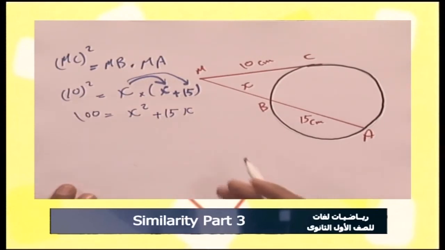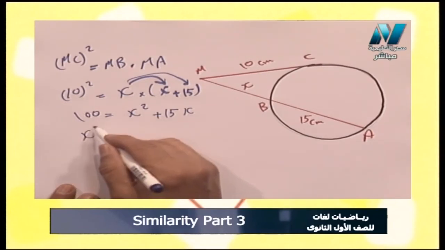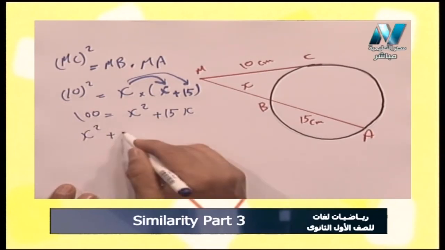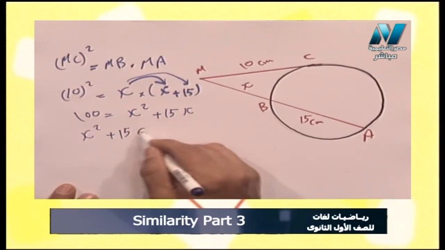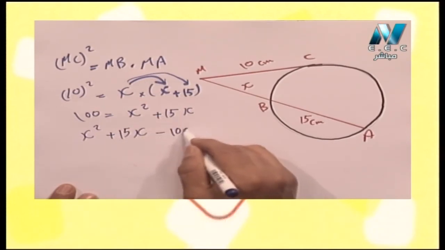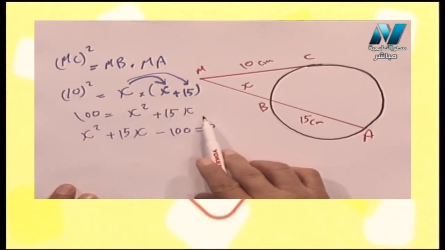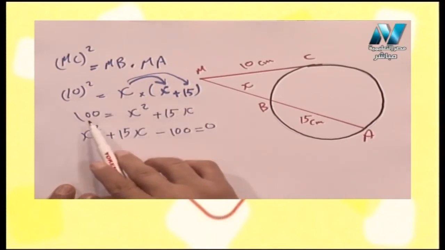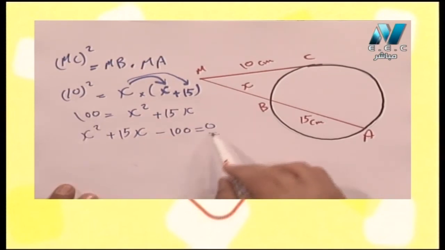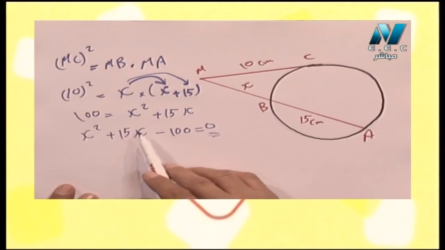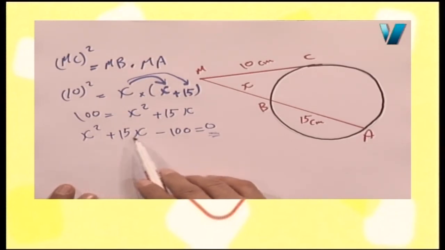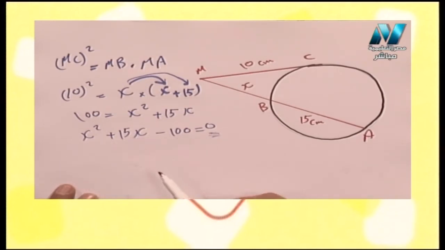Try to write it in the form x power 2 plus 15x minus 100 equals 0. I take 100 to the other side as negative, and there will be nothing left, so it will be 0.